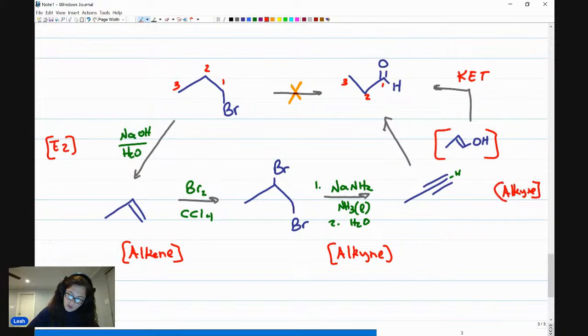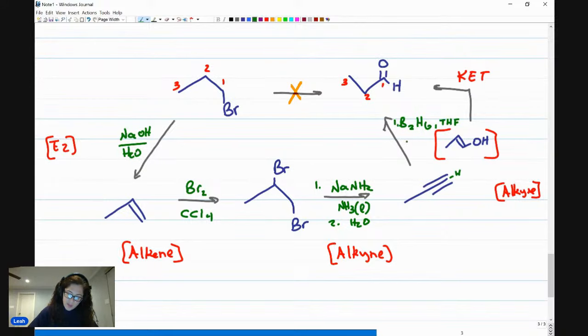We're going to finish this with hydroboration. So you can use any version of boron. A couple of different ones that you'll learn are 9-BBN, B2H6, BH3. I think there was one other crazy one that I can't remember the name of at this moment. So B2H6, we'll use a solvent THF.